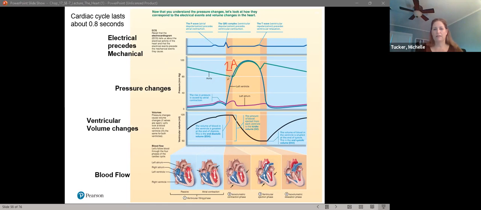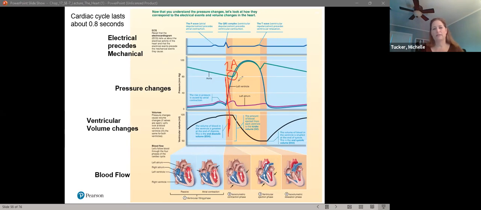It's when the AV valves are closed, the semilunar valves are closed, the heart has its maximum volume, and the ventricles start to contract and start to squeeze that blood until it reaches this point right here where the semilunar valves open. So this band right here is isovolumetric contraction.